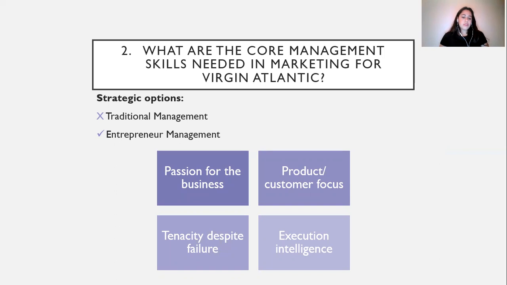So the passion for the business is that it's motivated to achieve the goals, that it's energetic, it's willingness to work very hard. And as they mentioned in the case, and also I read other articles about the leaders in the company, they are all very passionate about the business.